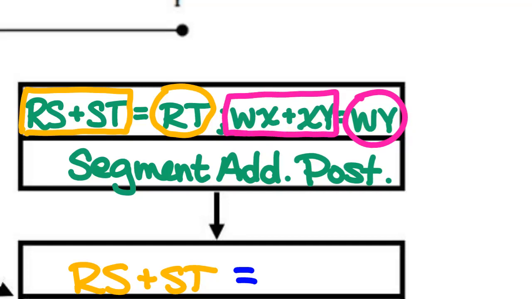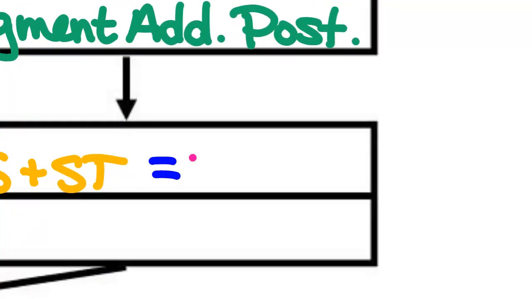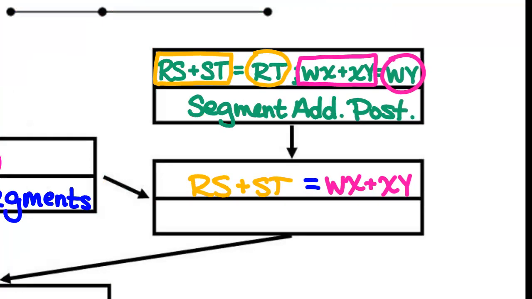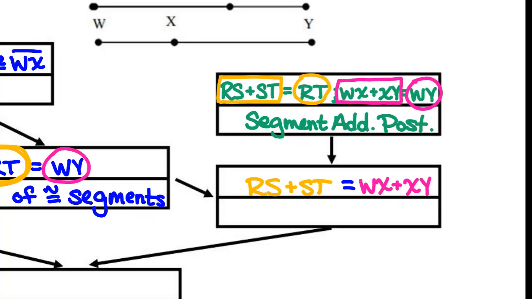So I can exchange that in this equation right here. I can replace my WY with WX plus XY. What did I just use to be able to make those replacements? Substitution. Got my substitution property happening here. Okay.